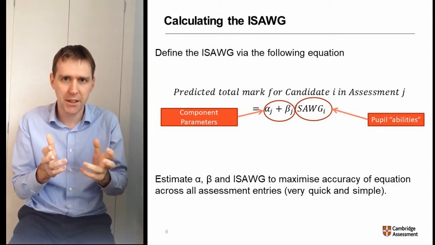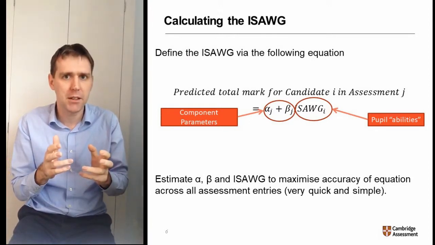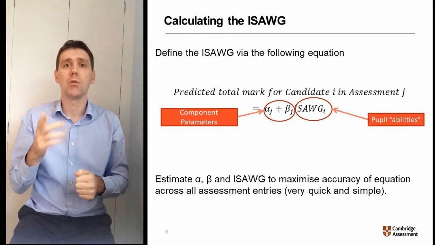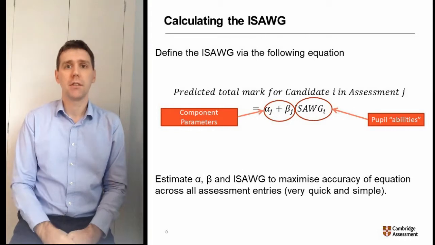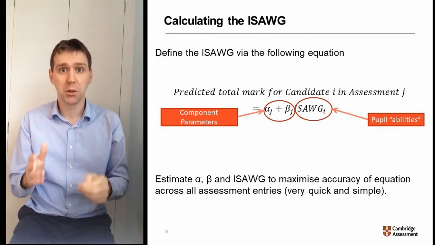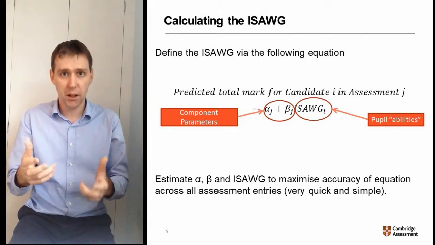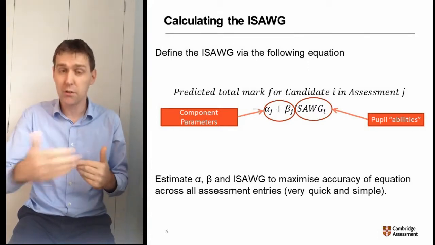All these pupil abilities and assessment parameters are estimated so that our predictions of how well students will do in individual tests are as accurate as possible across everything they've done. Remember, we've only got one measure of ability, the ISORG, for each student, but they'd have done lots of different assessments.